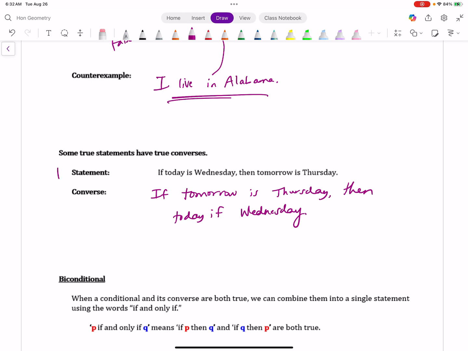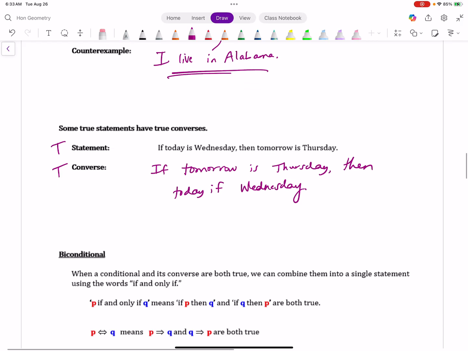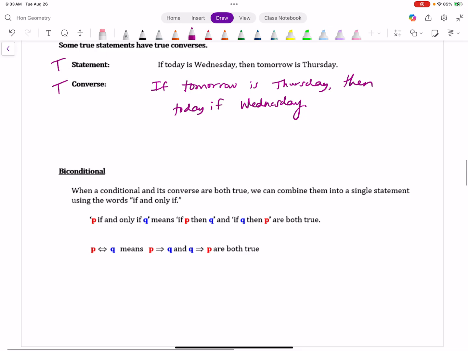Okay, so this is one where the original conditional statement, the if-then statement, is true, but the converse is also true. Okay, so where both the original statement and the converse are true, we call those biconditionals.